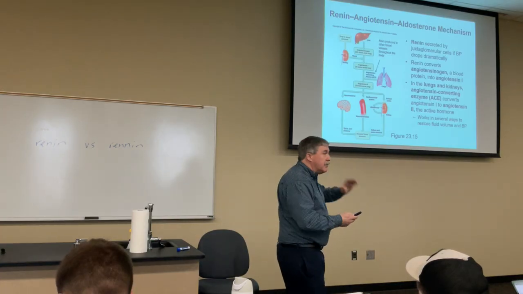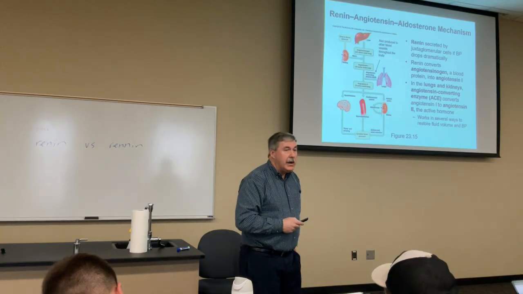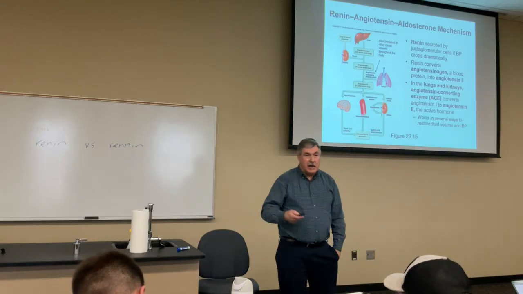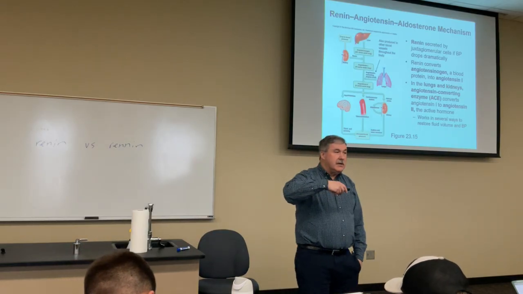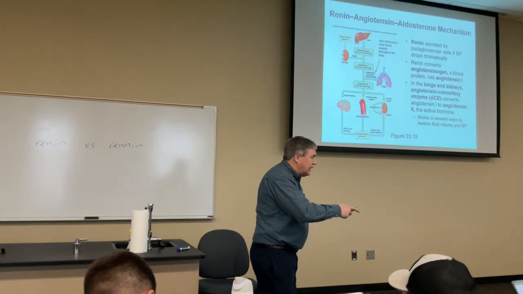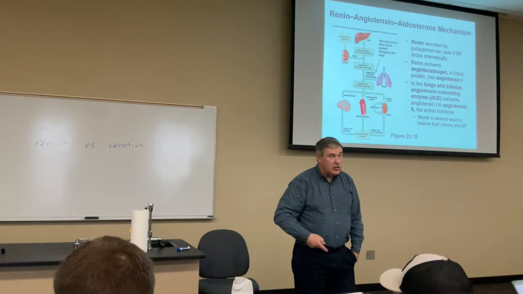That 10 amino acids that gets cut off is called angiotensin 1. Okay? So angiotensin 1 is now in the blood because this renin, which was released in the bloodstream by the kidneys, cuts off a part of angiotensinogen, that forms angiotensin 1.